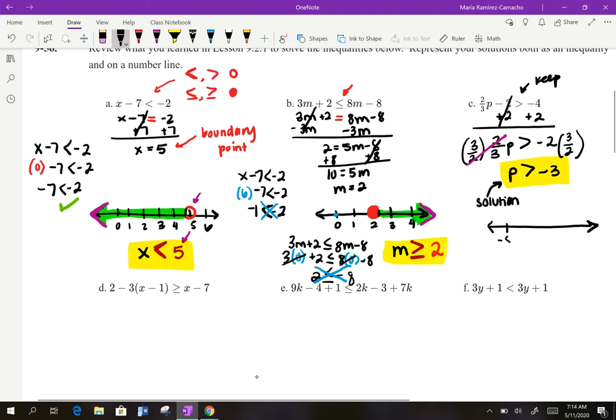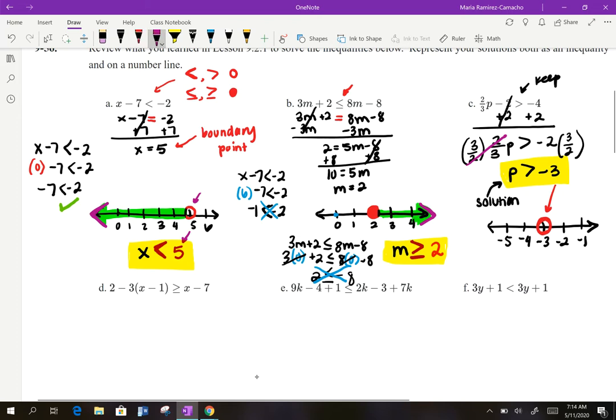So draw your number line. Oops, I can't count. Okay, this inequality is strictly greater than, so when I draw a circle on my boundary point on this -3, it's going to be an open circle.